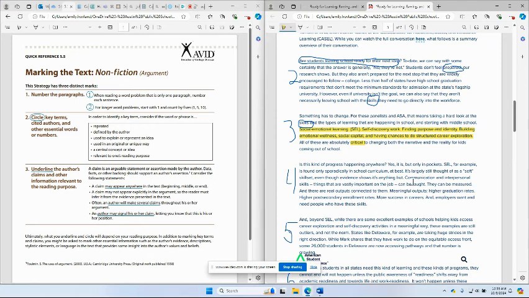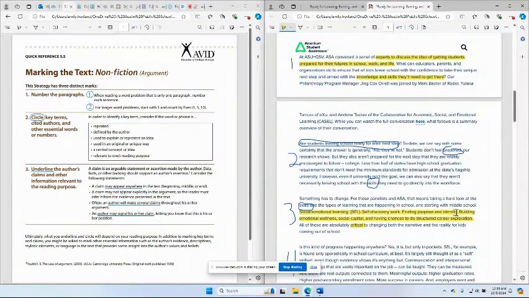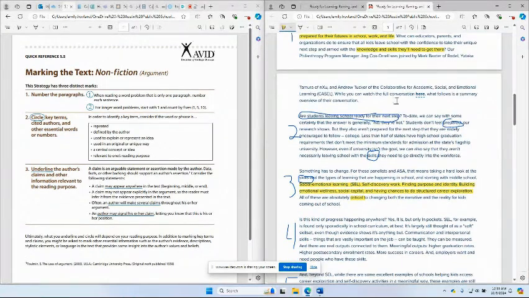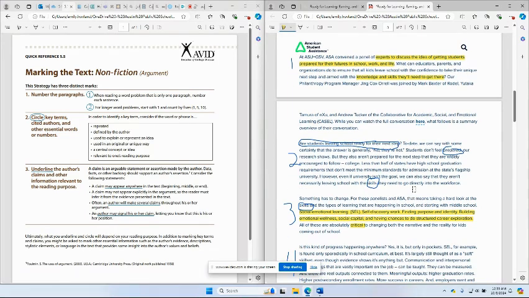So you can see I've started to go through. And at the end of this, I'll be able to say, okay, this is what this article was about. Now, if I asked you to go back and find some information to show me, hey, tell me from paragraph 1 what stood out to you, you can go back in there and you see that. Paragraph 2, well, okay, so we have the requirements.